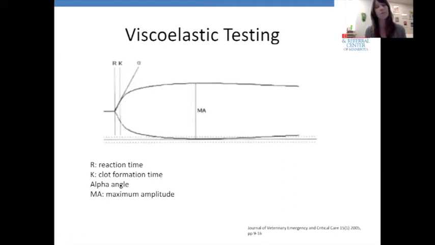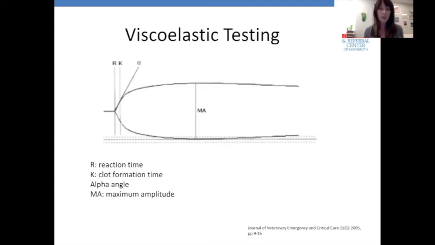But first, I wanted to focus on what this graph means when we talk about viscoelastic testing, and how it really helps us to make clinical decisions. So the things I think are most important to understand with this brand new testing modality are, this is a graph that we see on a screen, and it runs for 60 minutes.